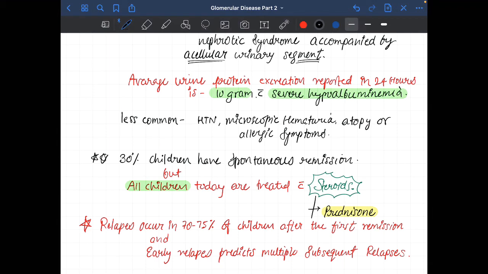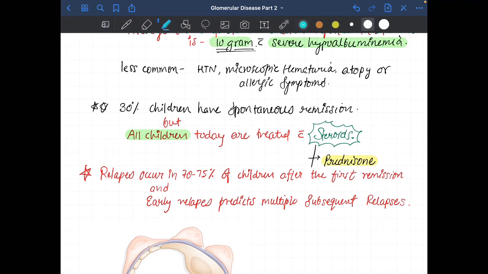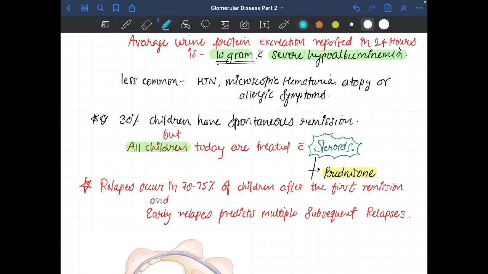Average urine protein excretion reported in 24 hours is 10 gram with severe hypoalbuminemia. Definitely, if albumin goes out, there will be less albumin in the blood. There can also be hypertension, microscopic hematuria, and atopy or allergic symptoms.